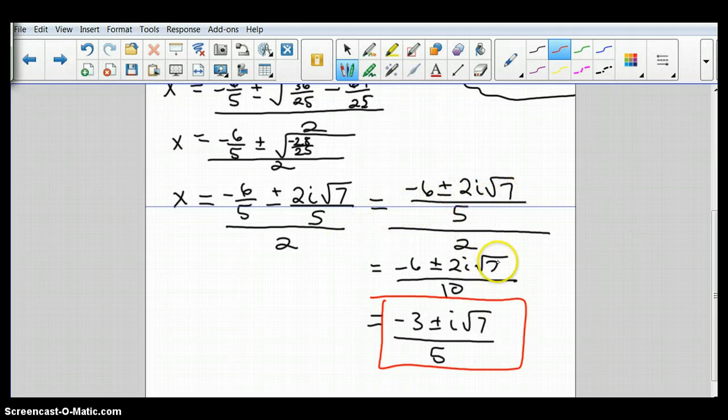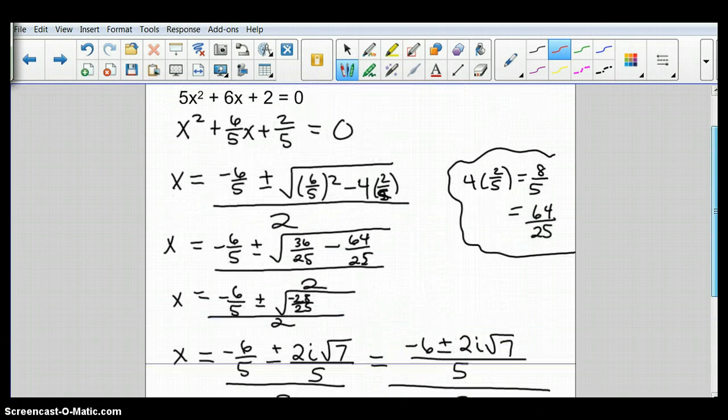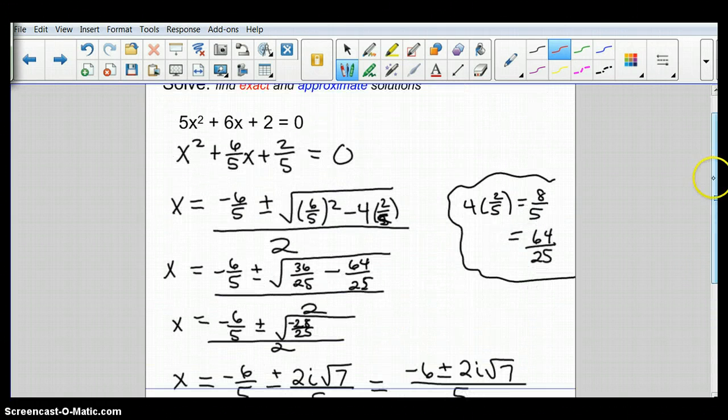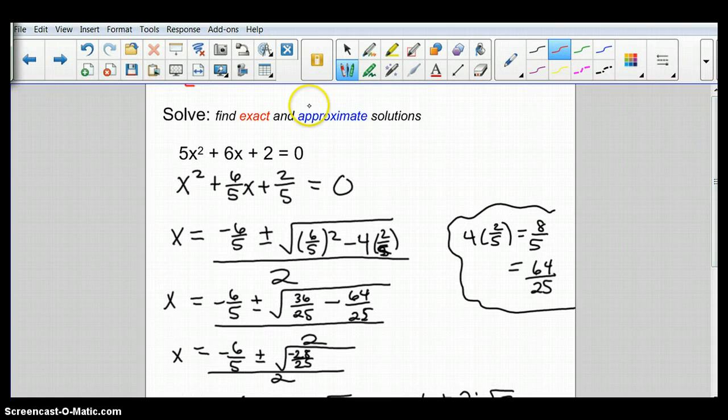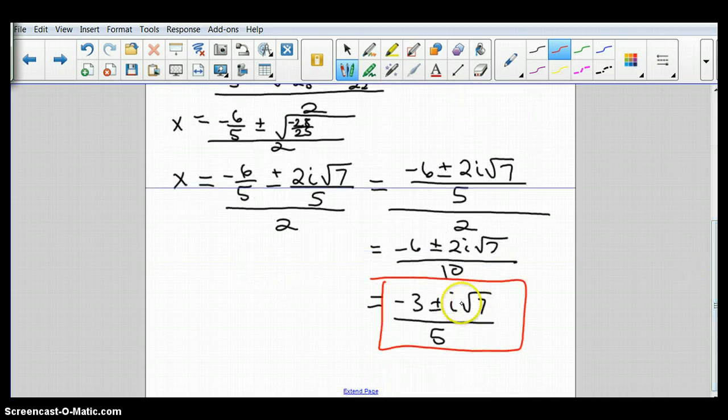And when you get to this step, remember you can reduce this. You can divide everything by 2. So I ended up getting negative 3 plus or minus i square root of 7 over 5. And this here is my exact solution. Even though the problem asks for an approximate solution, we aren't able to do that because we do have this i value here.